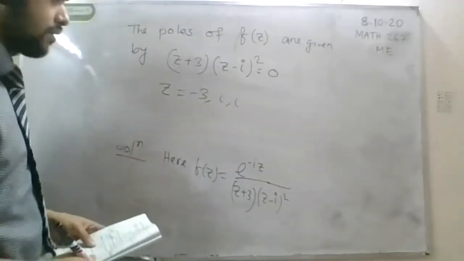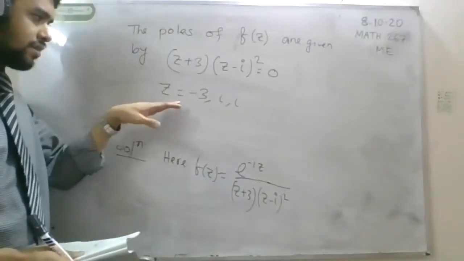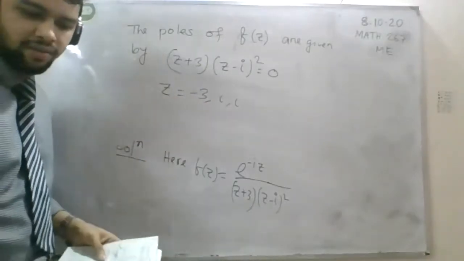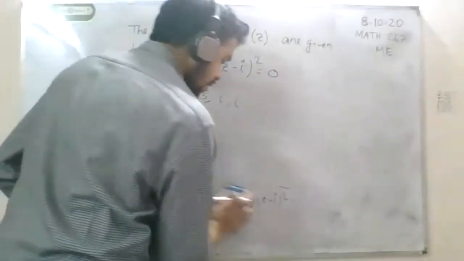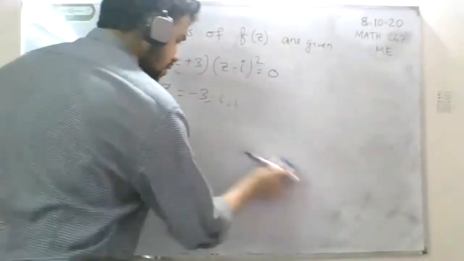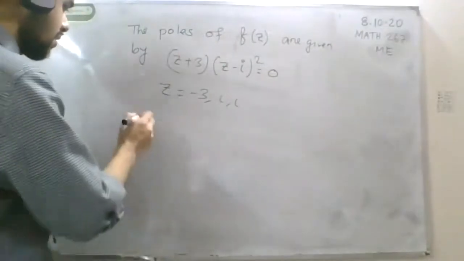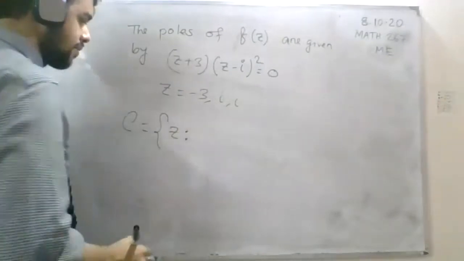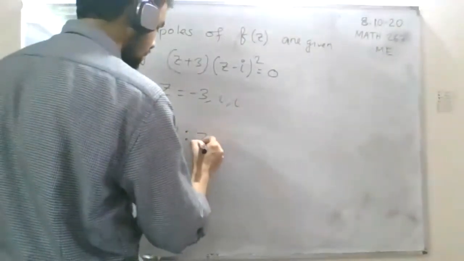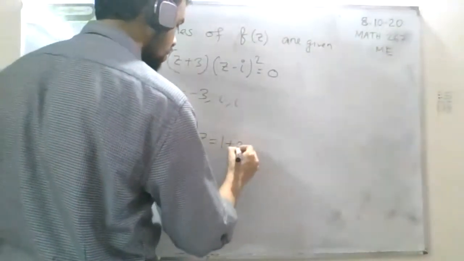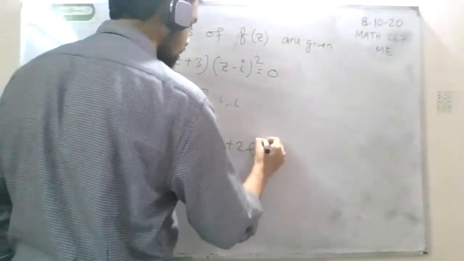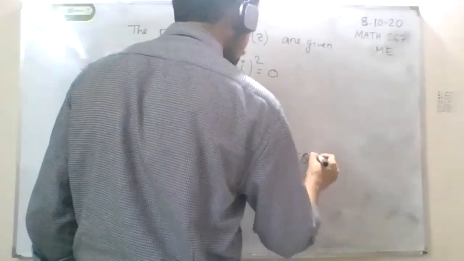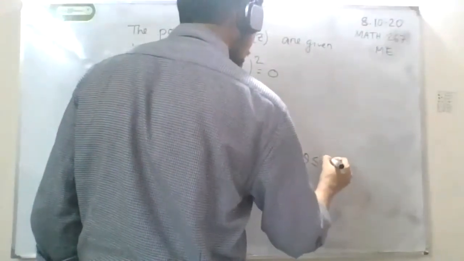Now, before declaring whether it is simple or double, you have to find the condition of the circle which is given first, which is C, z such that z equals 1 plus 2 e to the power i theta, where theta is between 0 and pi.